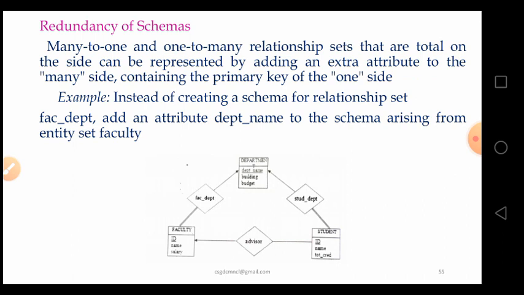For example, instead of creating a schema for a relationship set faculty department, add an attribute department name to the schema arising from entity set faculty.